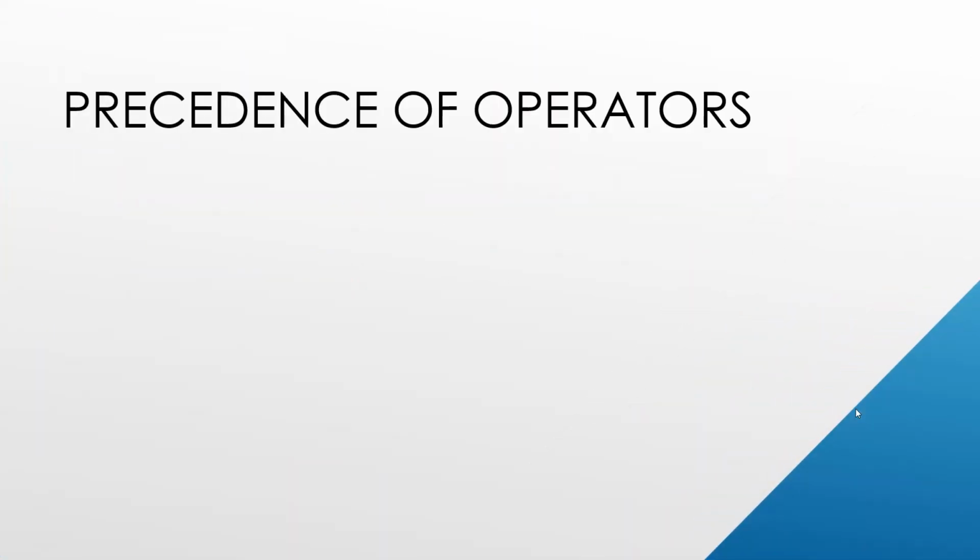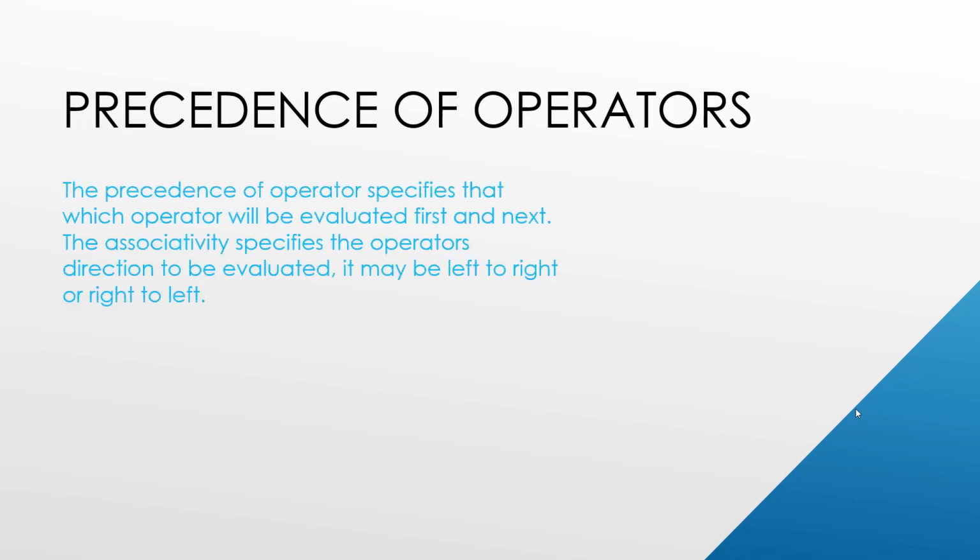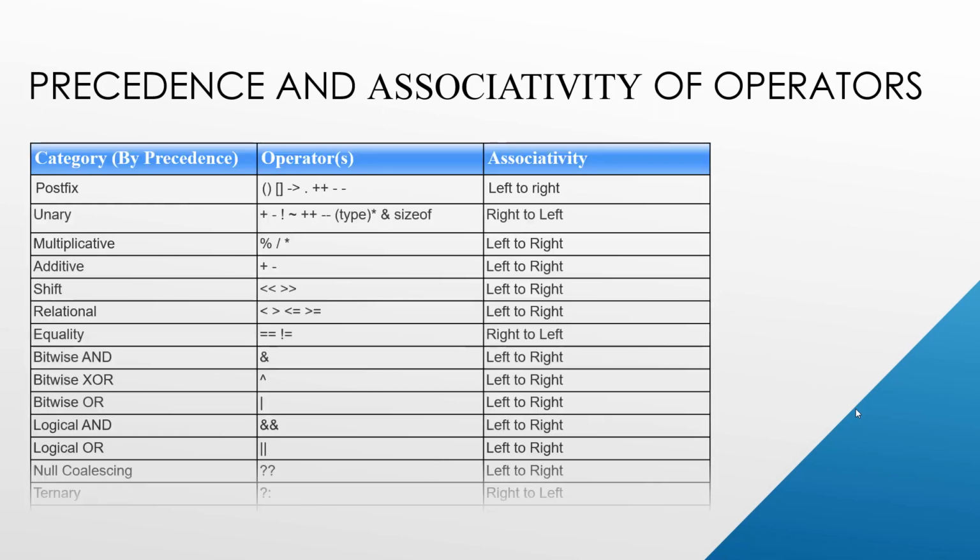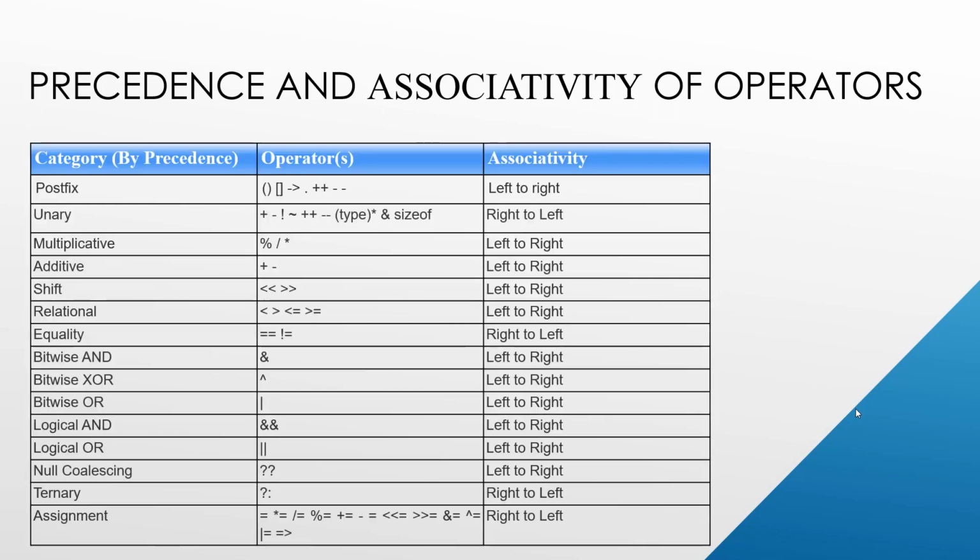Okay, what is precedence of operator? The precedence of operator specifies which operator will be evaluated first and next. The associativity specifies the operator's direction to be evaluated. It may be left to right or right to left. Okay. Now we can see the table and we can make use of this table to evaluate the expression, right?